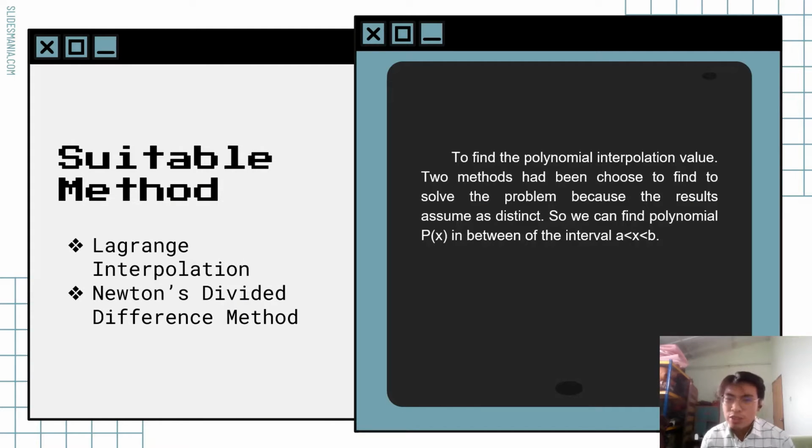For the suitable method, we have chosen two interpolation methods, which are Lagrange interpolation and Newton's divided difference method. Because to find the polynomial interpolation, we choose these methods to solve the problem because the results from the table are distinct. So we can find the polynomial in between the interval of the results.